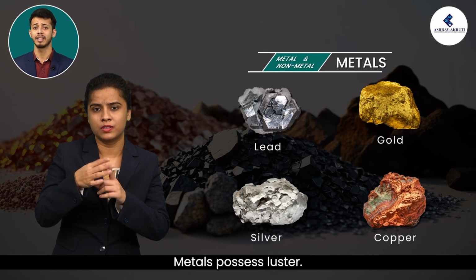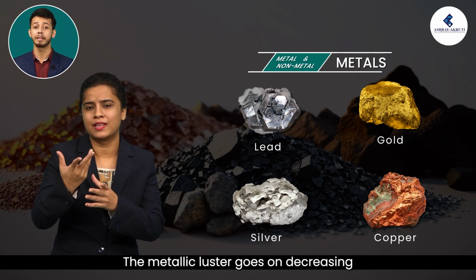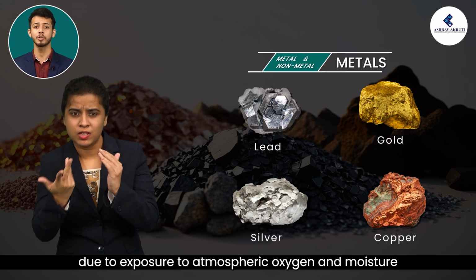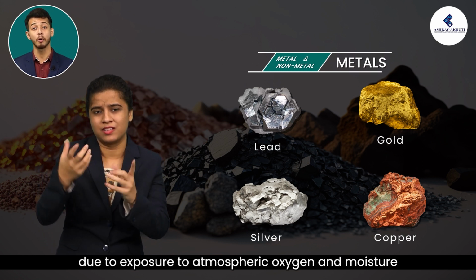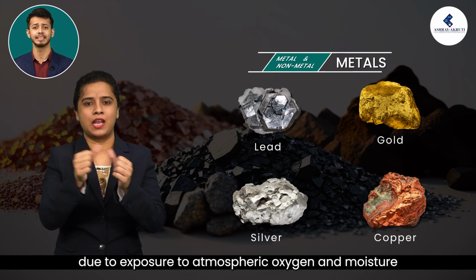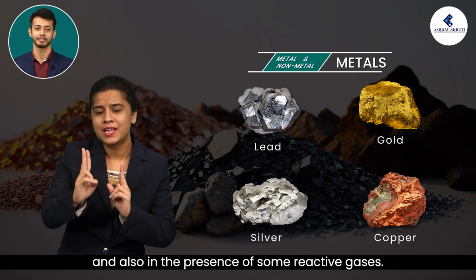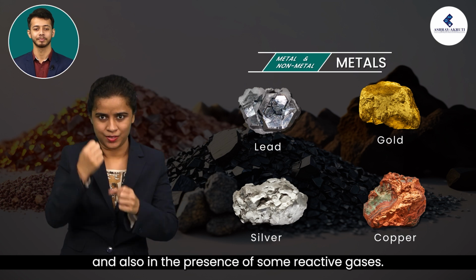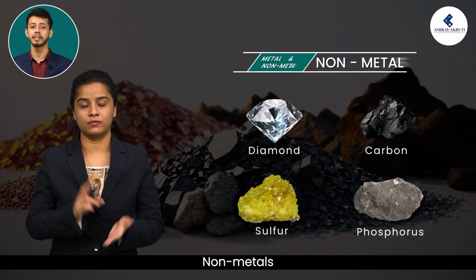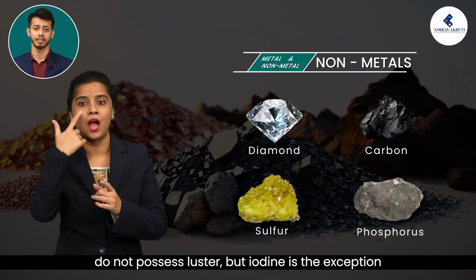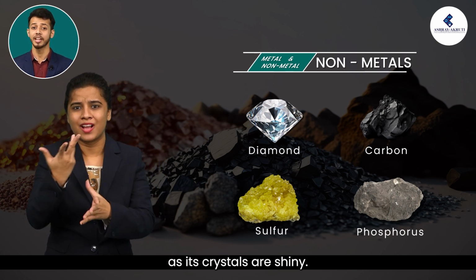Metals possess luster. The metallic luster goes on decreasing due to exposure to atmospheric oxygen and moisture, and also in the presence of some reactive gases. Non-metals do not possess luster, but iodine is the exception as its crystals are shiny.